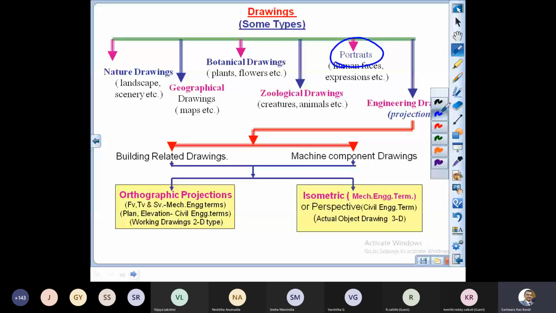How an elephant is visible from the front. This is how they draw. You might have seen and made some jokes. This is how an elephant can be visible from the front.